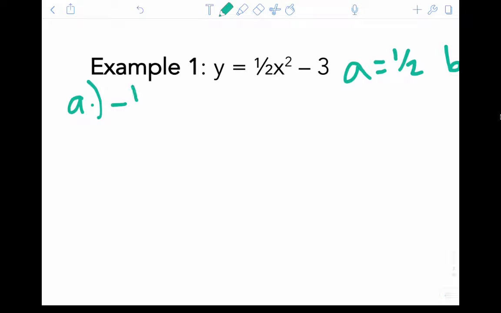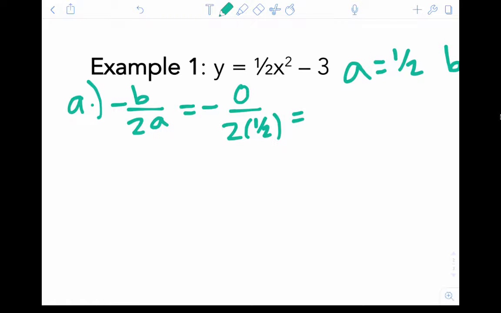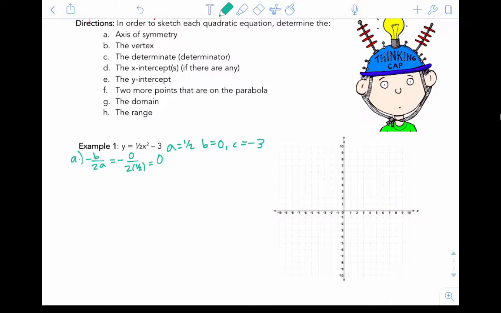I do that by using -b over 2a. So I'm just going to plug in my numbers. I have -0 over 2 times 1/2, which is just 0. So my axis of symmetry is where x equals 0. I'm going to go ahead and go to my graph and draw this. I want to see your axis of symmetry drawn on your graph.